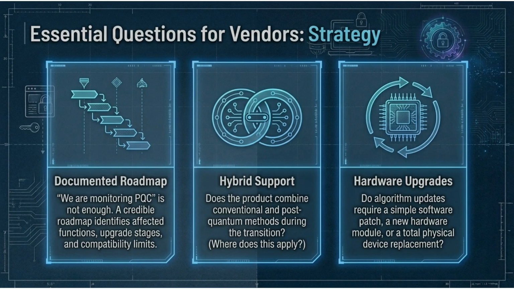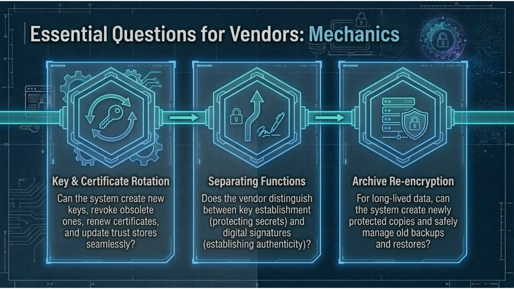Second, ask if the vendor supports hybrid cryptography during the transition. Combining conventional and post-quantum methods ensures your data remains protected today while the new standards are thoroughly tested. Third, ask if upgrading the cryptography requires a simple software patch, a new hardware module, or a complete physical replacement of the device.